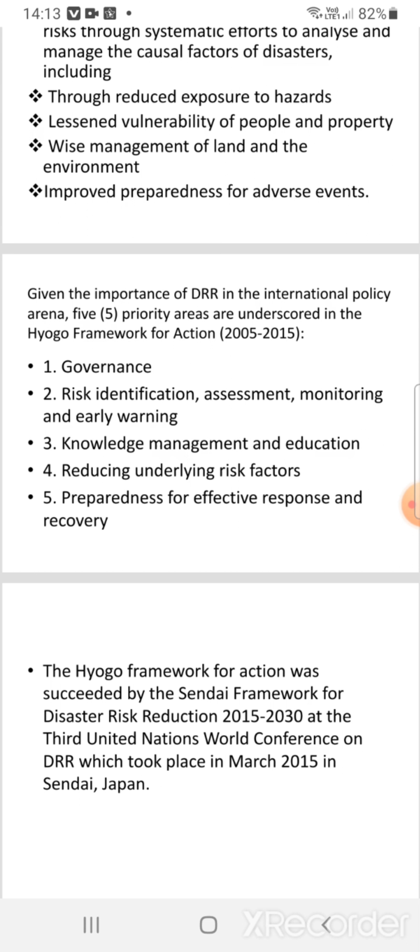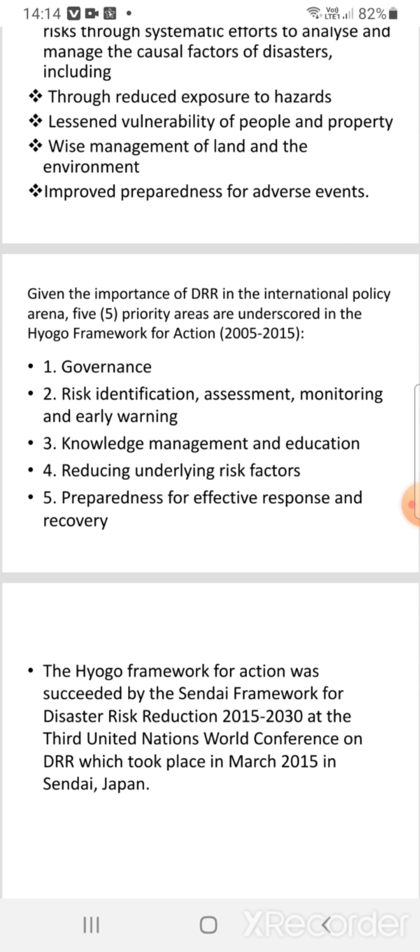First was governance. Governance of the area, governance of the disaster, governance of the topography, governance of the resources, governance of the vulnerability, risk and capacity, and governance of the exposure, all these things.